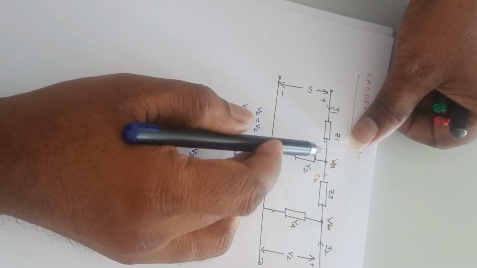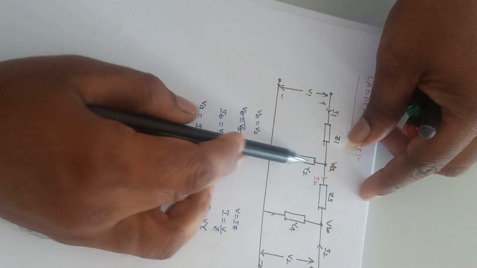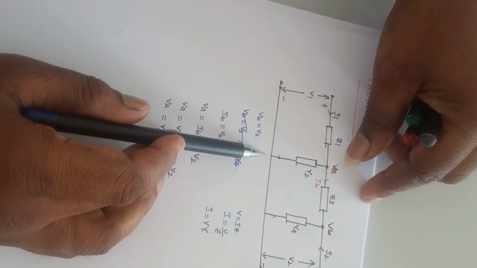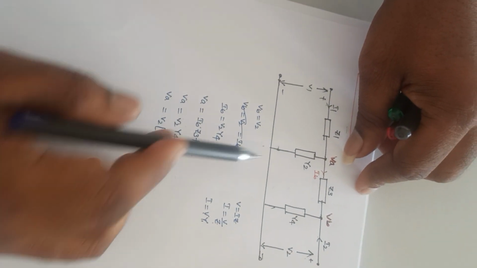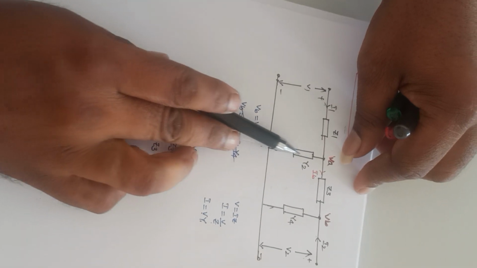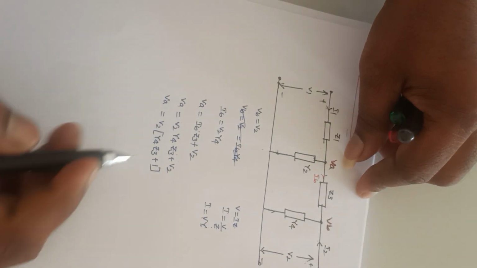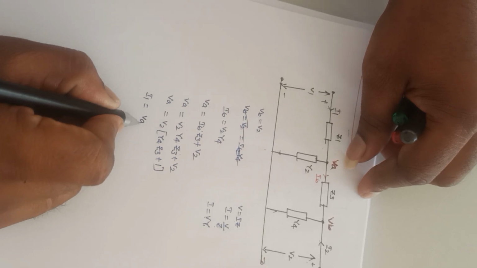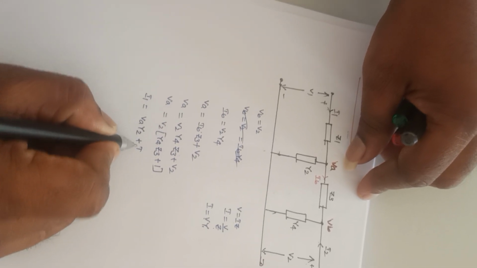Next, here I1 is equal to this current plus this current. This current is nothing but VA into Y2. The voltage into the admittance of this branch will give the current flowing through this. So I1 is equal to VA into Y2 plus IB.